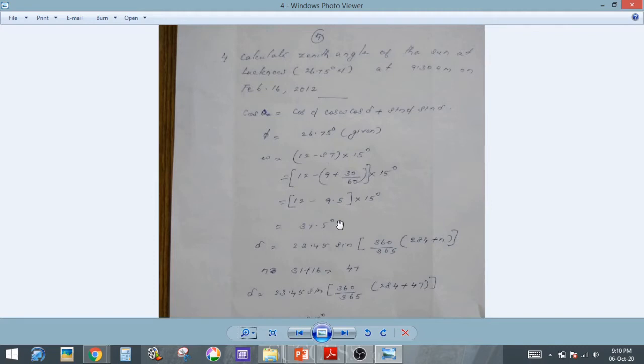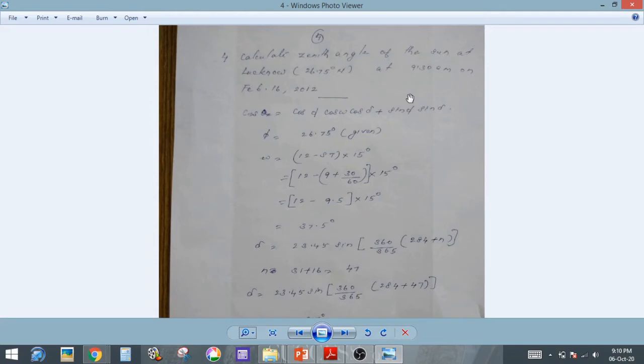The latitude of the location is given, phi equal to 26.75 degree. We have to calculate the other values and substitute in this expression. Omega, as you know, it is hour angle. The same expression, 12 minus st into 15, that is 12 minus solar time.